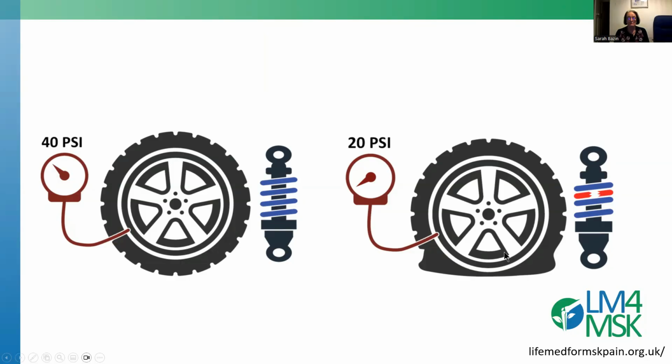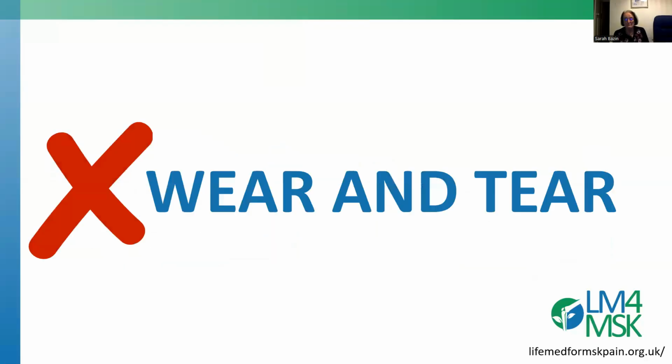Whereas if I only put 20 pounds per square inch and I drive, the car will wobble a lot, and there's excess strain on the shock absorber and it will get damaged. Similarly, in our hips, in our backs, in our knees, if our muscles are strong, then there is no significant arthritis in the joint. But if the muscles are weak, there is more stress on the joints, and that is how we get arthritis. So it is important to keep the muscles strong.